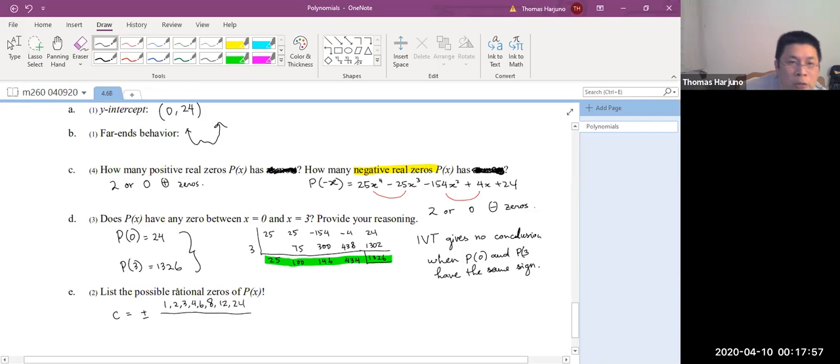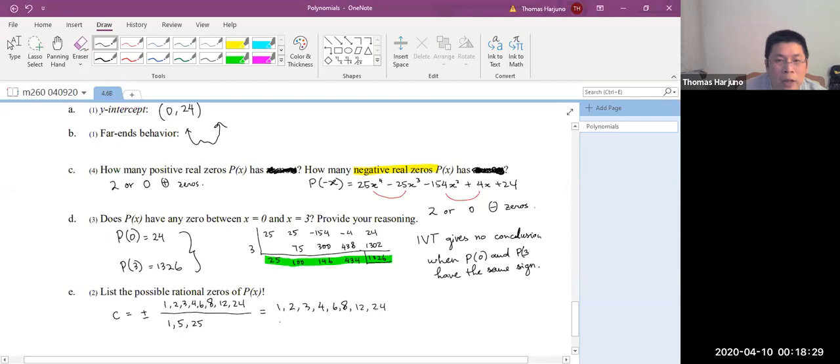And the denominator is a factor of 25: 1, 5, 25. Right? So let me list the positive ones for now. That's 1, 2, 3, 4, 6, 8, 12, 24.